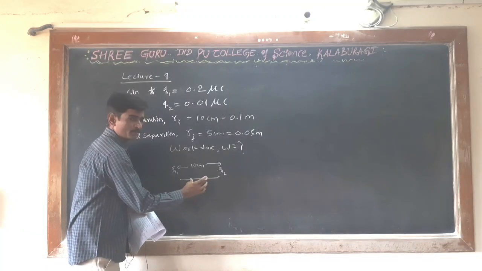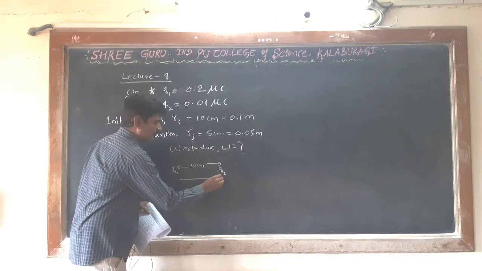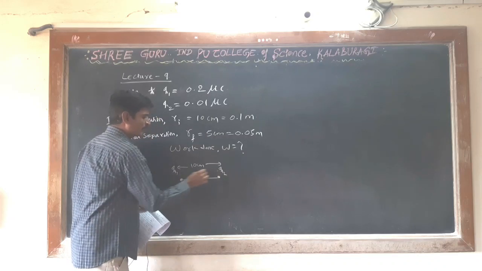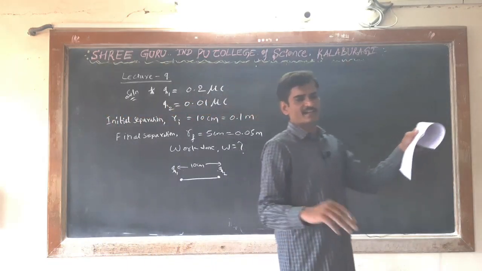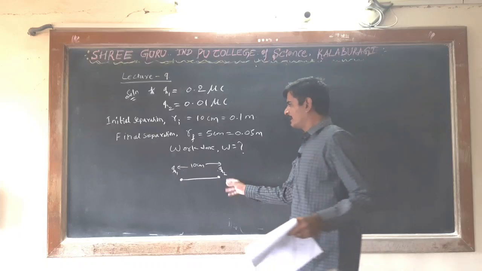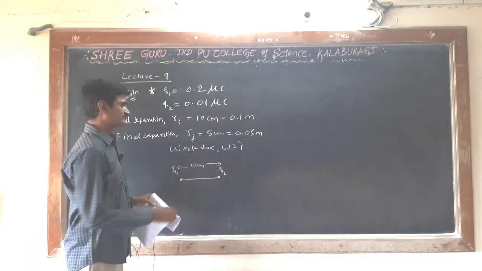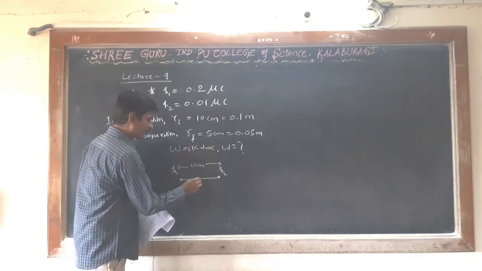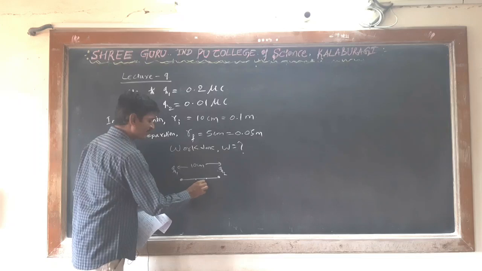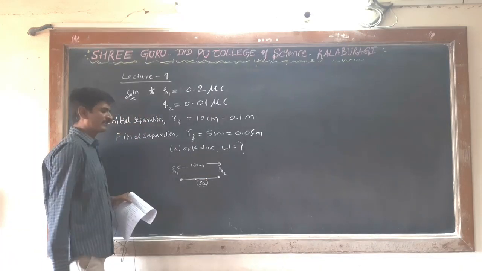They cannot come on their own to a distance of 5 centimeter because both of them are positive and they will repel each other. Hence, an external work has to be done, and that external work done we have to calculate. That is the work done to bring them to a distance of 5 centimeter.